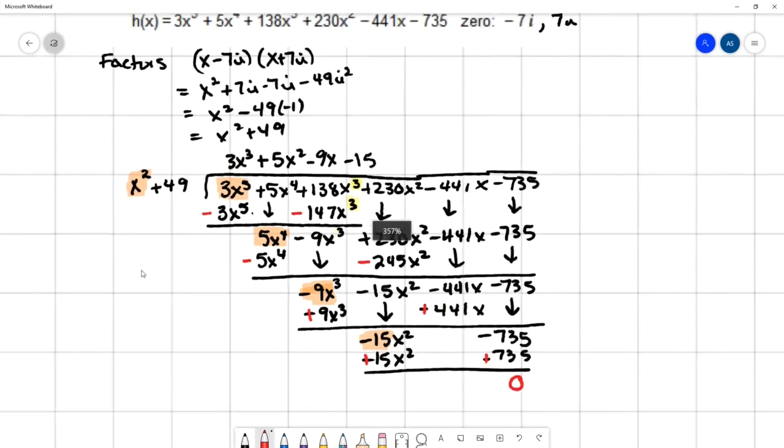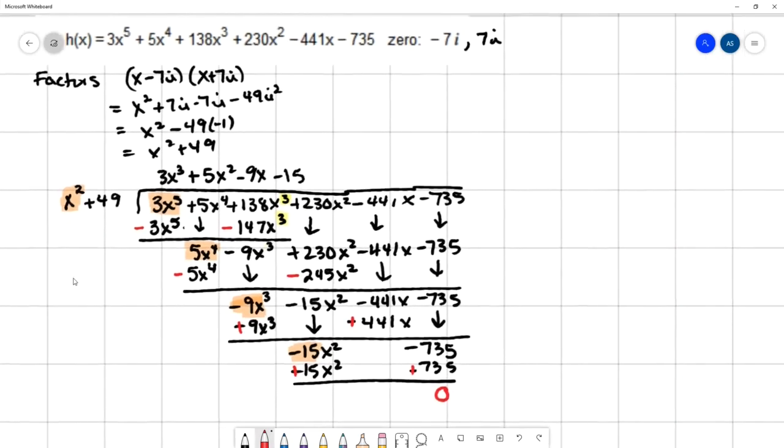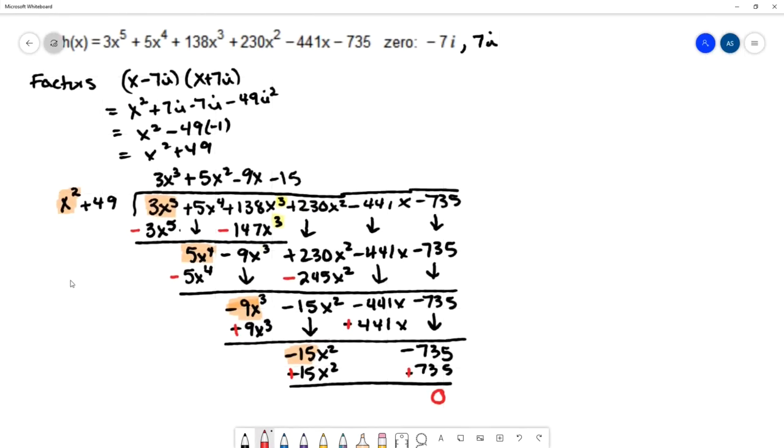Let me zoom out a little bit so you know where we are. Our polynomial h of x, we can factor using our two expressions here.